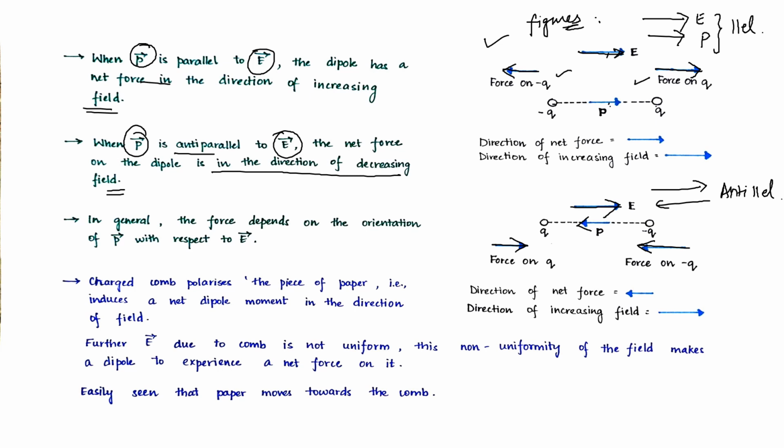So the direction of net force is opposite to the direction of increasing field, that is, along the decreasing field. Whereas in the parallel case, the net force and the direction of increasing field are in the same direction, so they show increasing behavior.